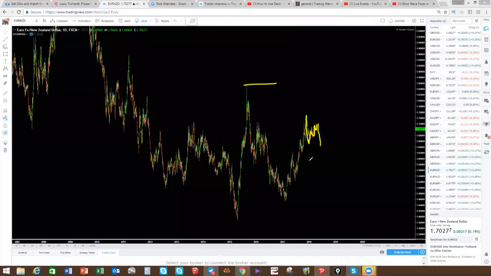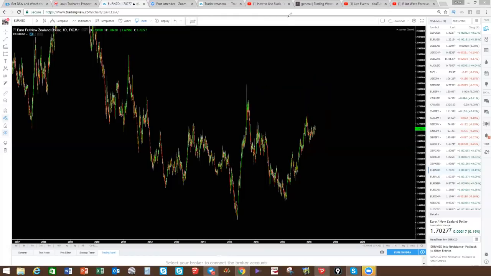This can simply do this and give us a move up after this corrective structure. So you cannot conclude that the move is going down before you see the whole corrective structure. Okay, so I'm still bullish pound New Zealand, bullish euro New Zealand. And this may not even just break here, it may even do this, giving us equal legs there, a move equal to that one.